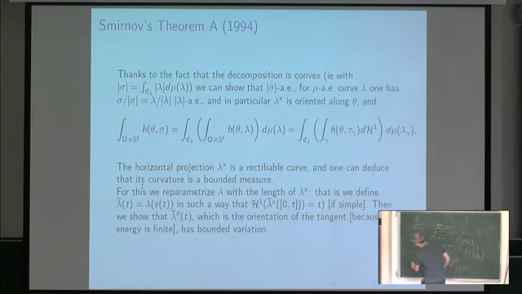So it means essentially that this quantity must be finite for all these curves, because this quantity is the length in the lifted space. So it means that their orientation has bounded variation, if you want. So you could have kinks, but you cannot have big oscillations. So these curves are quite nice.